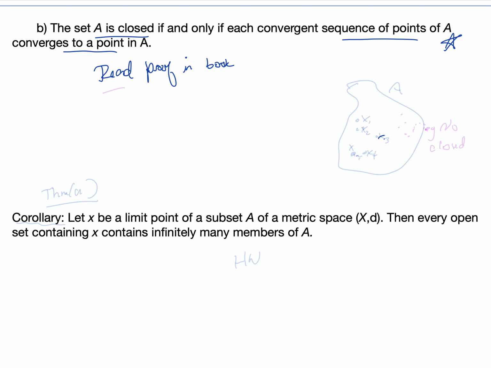Also, just to clarify what this theorem is saying: we have this set A that's closed. We've got some sequence of points in A, x_1, x_2, x_3, x_4, and eventually this calms down and starts to converge to something.